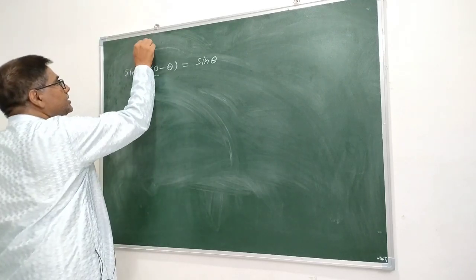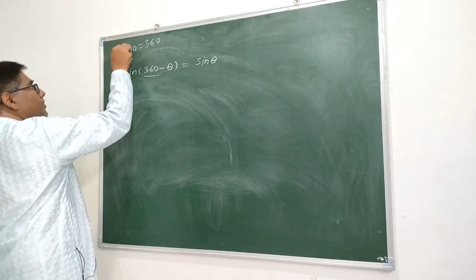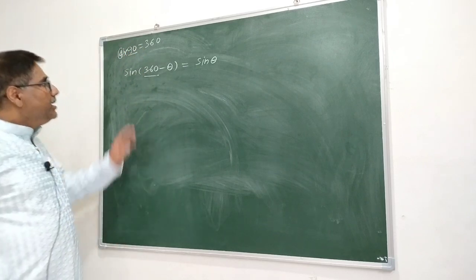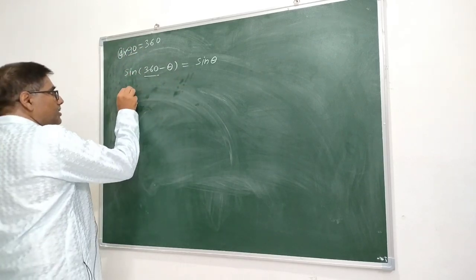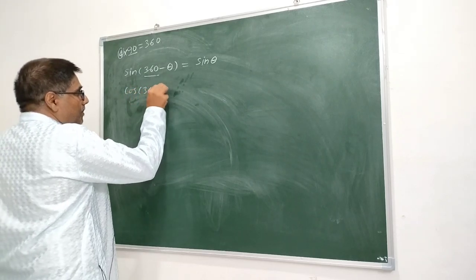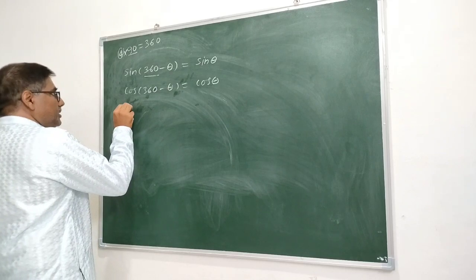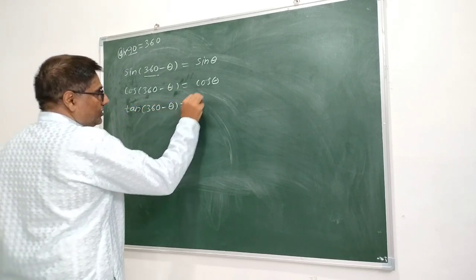We get 360 when we multiply 90 by 4. 360 is an even multiple of 90. Therefore, we do not need to change the ratio. Cos of 360 minus theta is equal to cos theta. Tan of 360 minus theta is equal to tan theta.